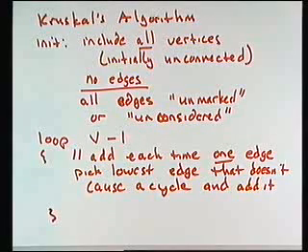So let me expand on that just a bit. And that's sort of the quick summary. The way this loop is really going to run here is we can say loop v minus 1 times.